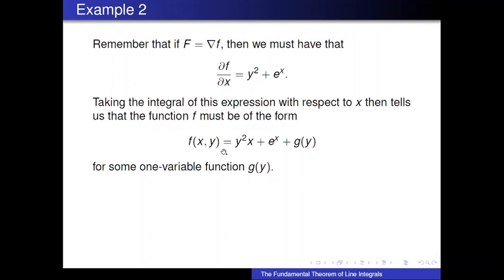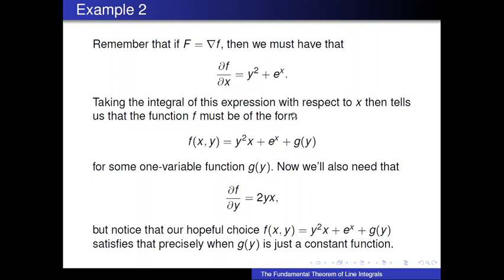Okay, so now here's our good candidate for a potential function, little f. We'll also need that the partial derivative of this little f with respect to y needs to be the second component of that vector field, which was 2yx. Notice that if we take the one we have here and take its partial derivative with respect to y, we've got that already. So we don't really need this extra function g of y here.